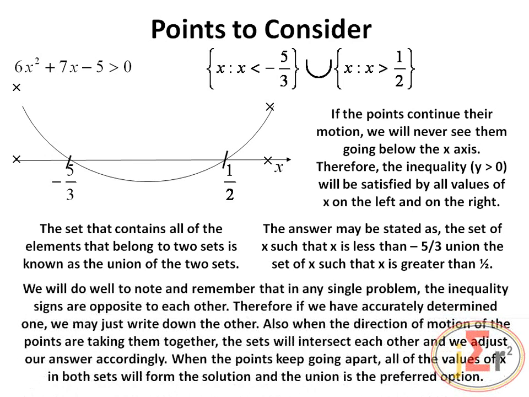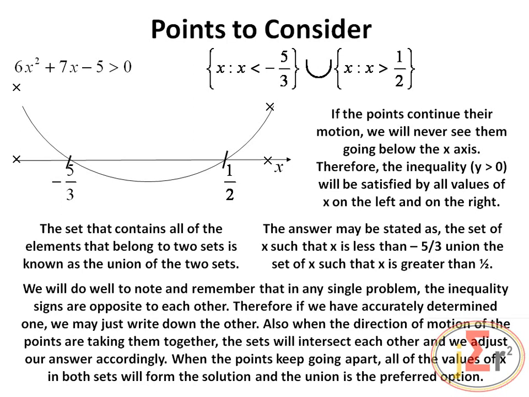We will do well to note and remember that in any single problem, the inequality signs are opposite to each other. Therefore, if we have accurately determined one, we may just write down the other. Also, when the direction of motion of the points is taking them together, the sets will intersect each other. We adjust our answers accordingly.